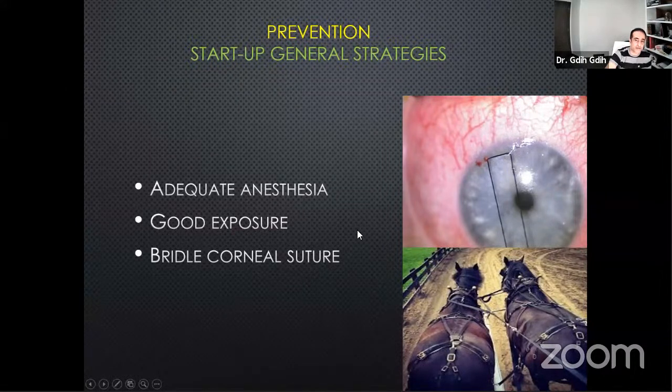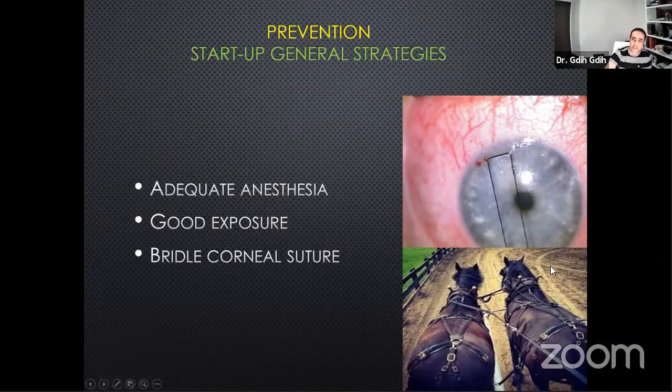These are things outside your skills that you can ensure, so they will be comfortable throughout the procedure. Also, good exposure is important, because if you try to dissect in a very tight angle, or do something non-visible, or cut blindly, all these can result in a complication that you don't want to see.